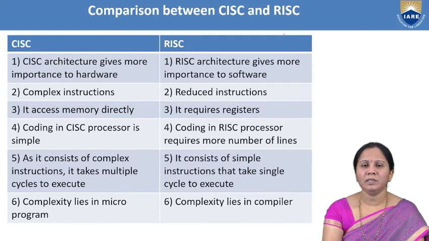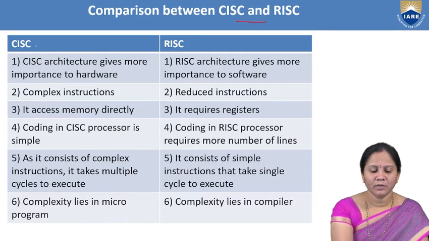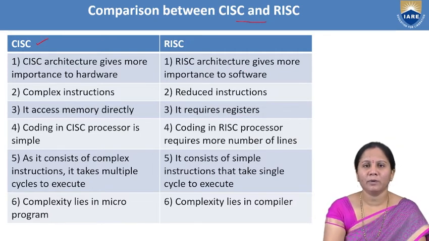Now, we have seen different features and characteristics of RISC and CISC, and also we have seen the architecture. Considering all those, now we will see what the differences are between RISC and CISC architecture. CISC stands for Complex Instruction Set Computing and RISC stands for Reduced Instruction Set Computing.